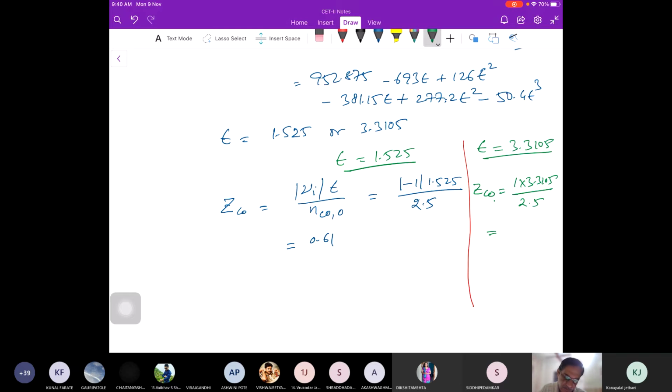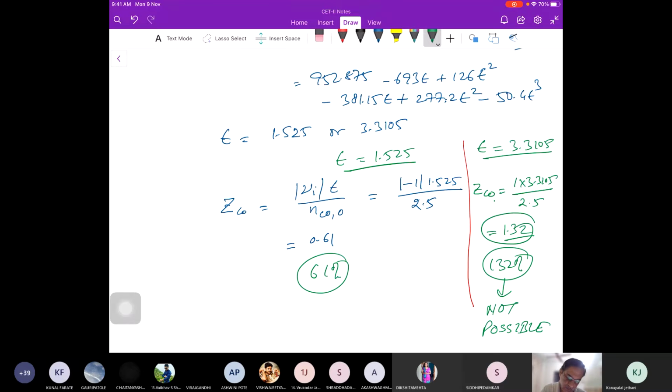Double, right? 1.22 आ जाएगा, बराबर? नहीं, डबल नहीं, 1.32. So this is 132%. This is 61%. So this is not possible, and that is why we select this one.